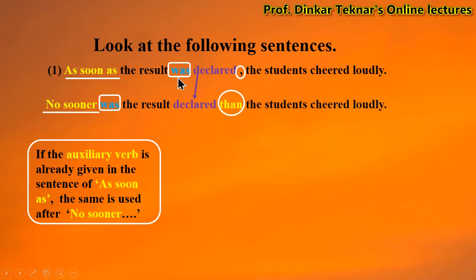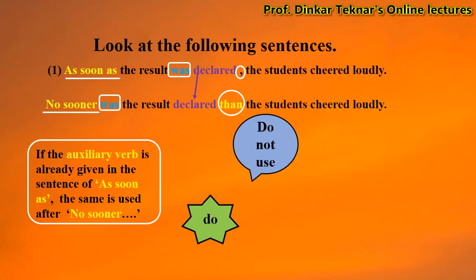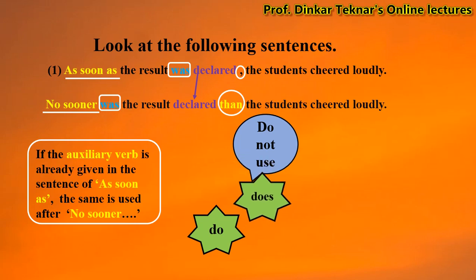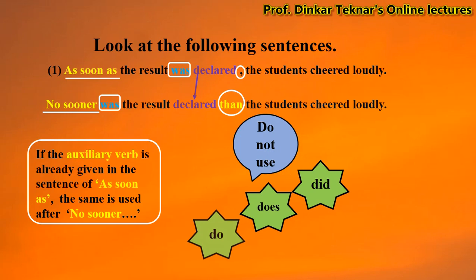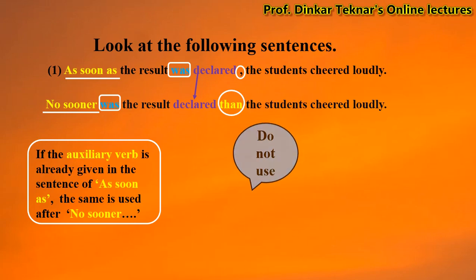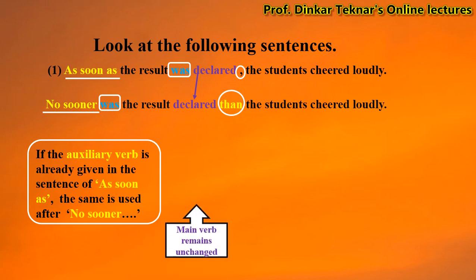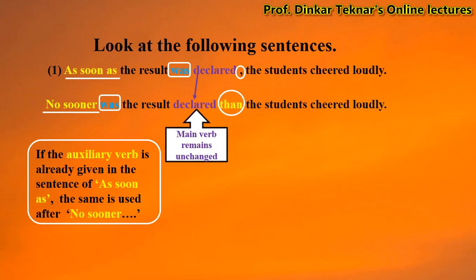So here was is given, so we have used was here. So do not use do, does or did, because the main verb remains unchanged and was is given because the auxiliary verb is already given.